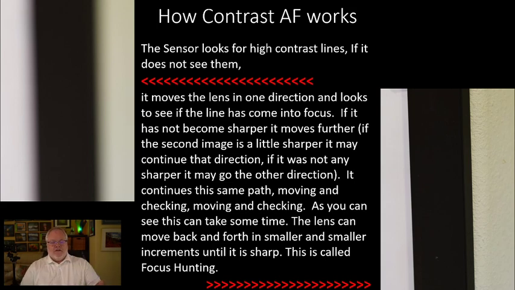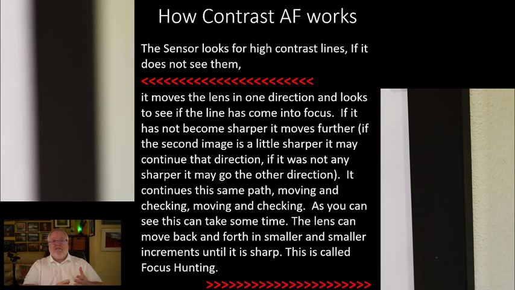So a contrast autofocus camera looks at this. If it doesn't see a high contrast line, a line of pixels that are black right next to a line of pixels that are white, instead of a whole row of grays, it moves the lens in one direction or the other. And it looks to see if that contrast line has become sharper. Is it a higher contrast line?